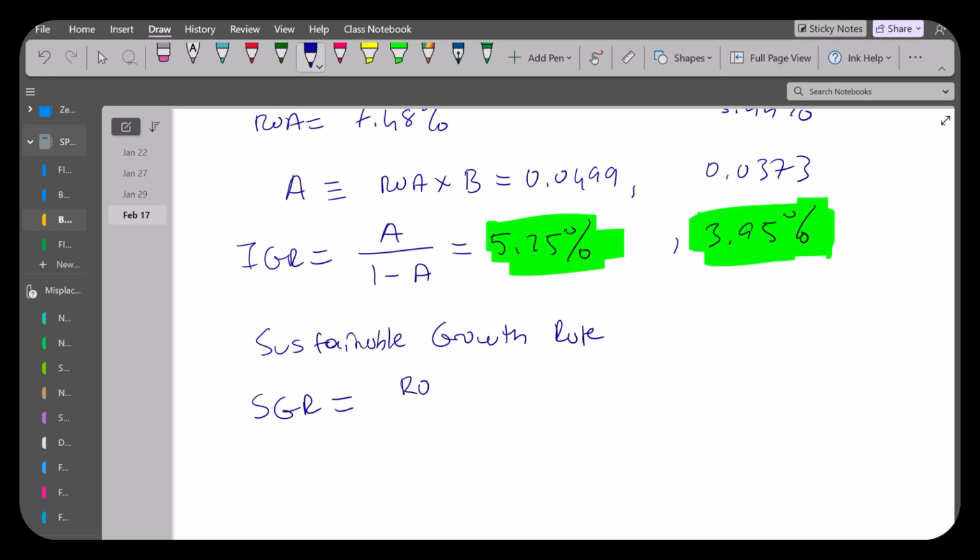It's ROE times b divided by... Now, the definition of this is the following. It is the maximum rate of growth that you can achieve by using internal and external resources, but without issuing more new equity and keeping the debt equity ratio constant.